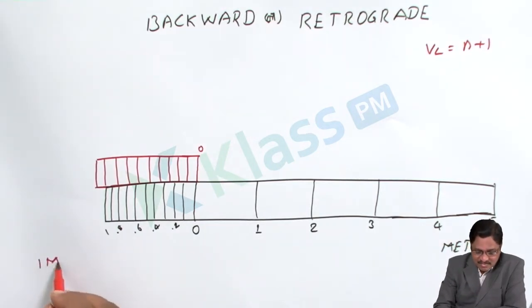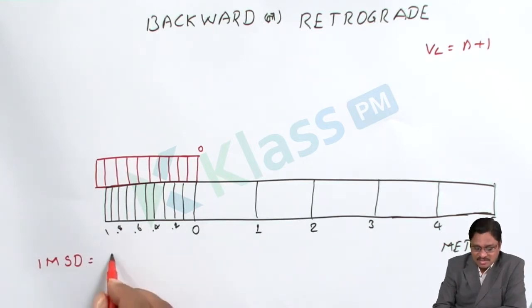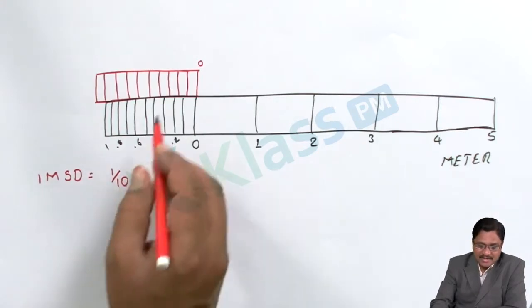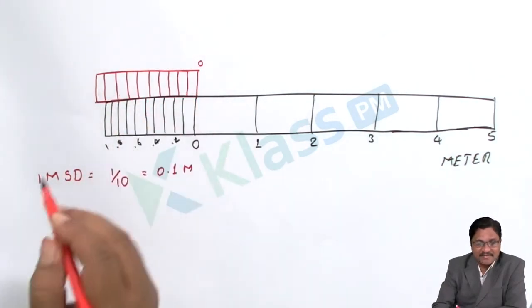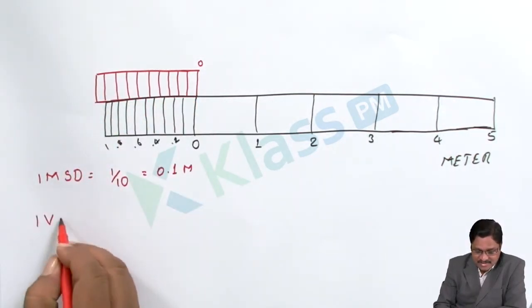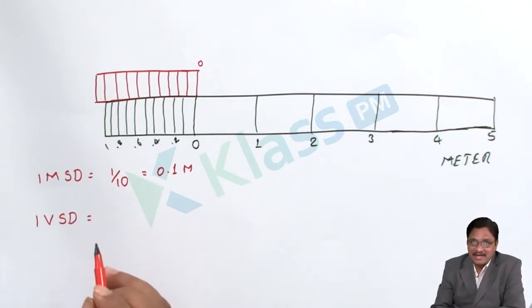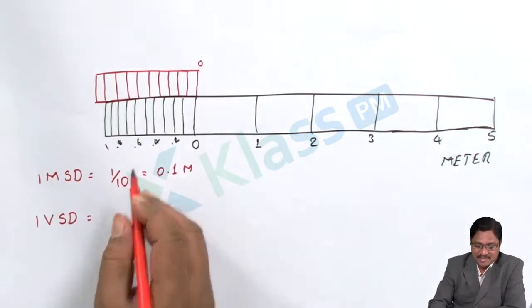1 MSD, that means 1 main scale division, equals how much? 1 meter divided by 10, so you are getting 0.1 meter. Similarly, I have to calculate the value of one division in VSD. So 1 VSD equals the vernier length divided by 10. What vernier length am I taking?